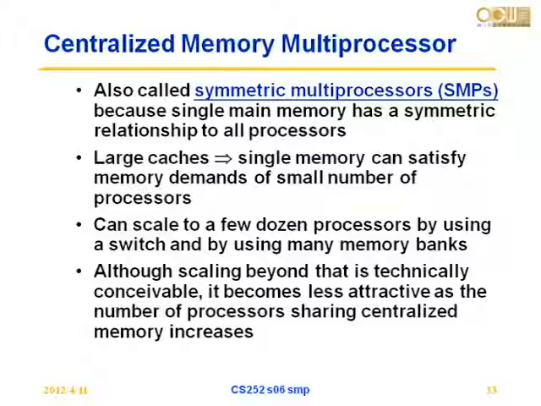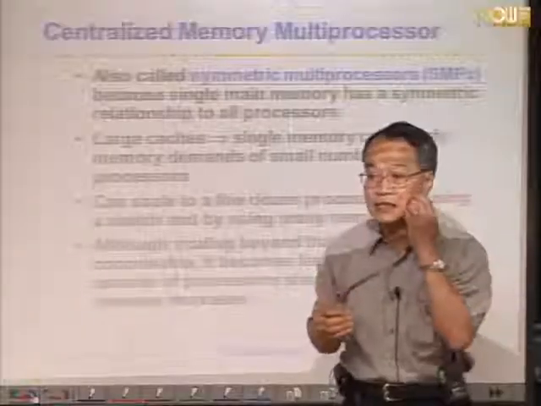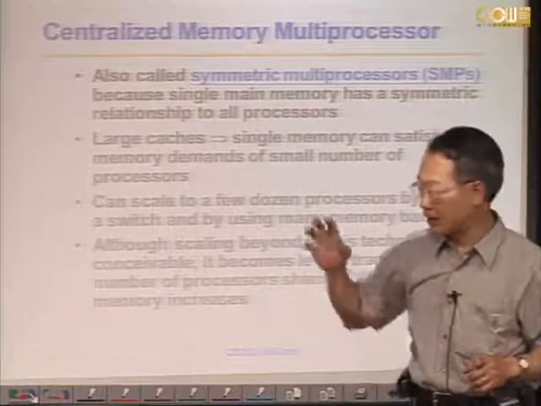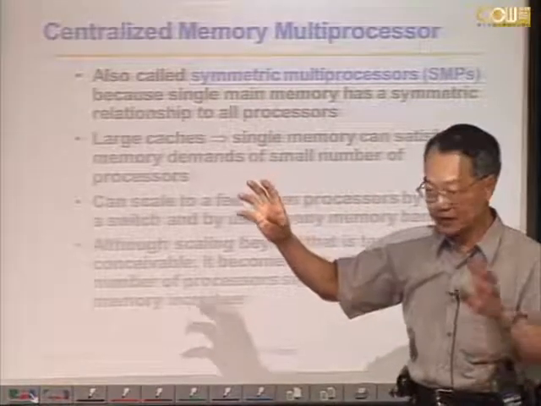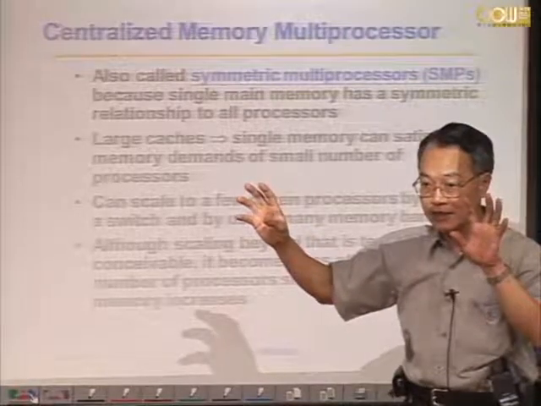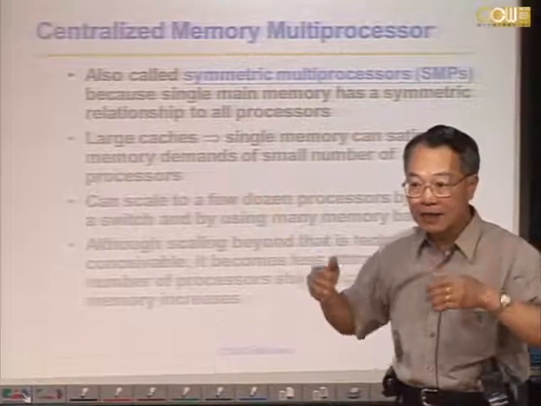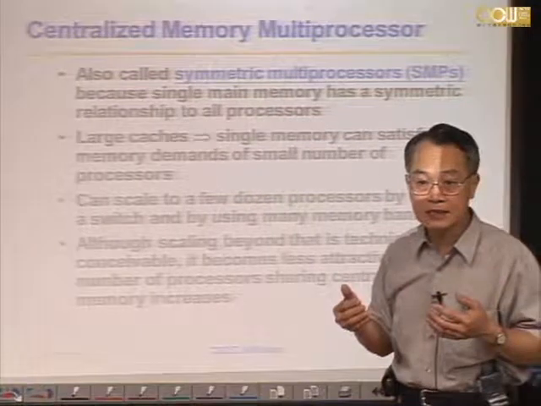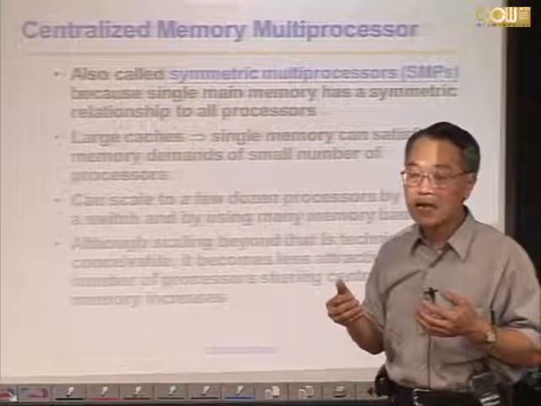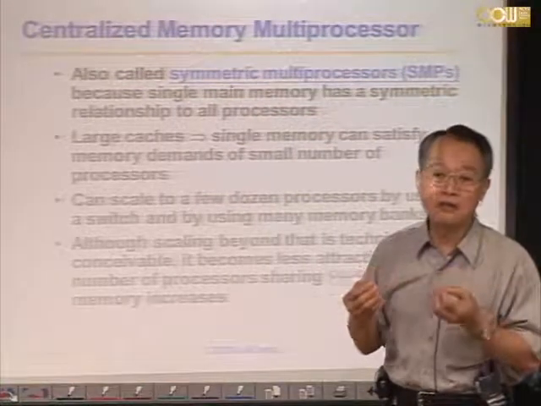By the term symmetric, what do I mean? All the processors have the same computing capability. Like if this is a 2 gigahertz Pentium 4, this must also be a 2 gigahertz, same version Pentium 4. Same computing capability. Plays the same role.